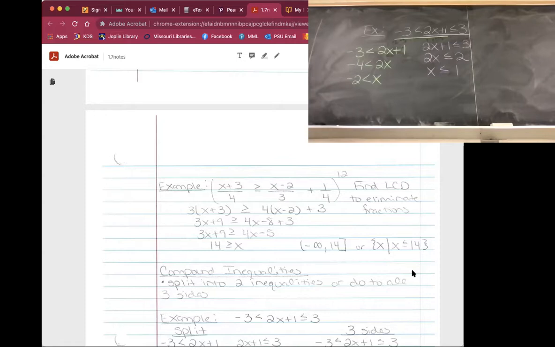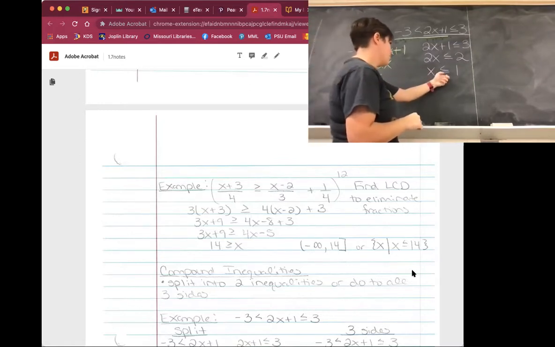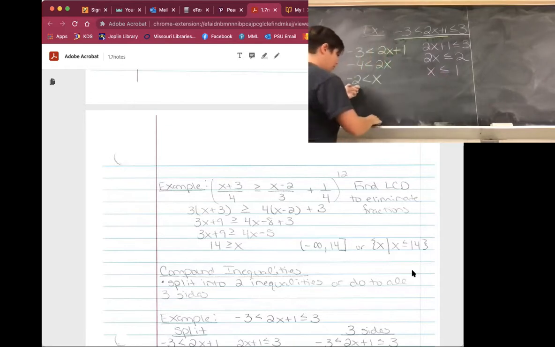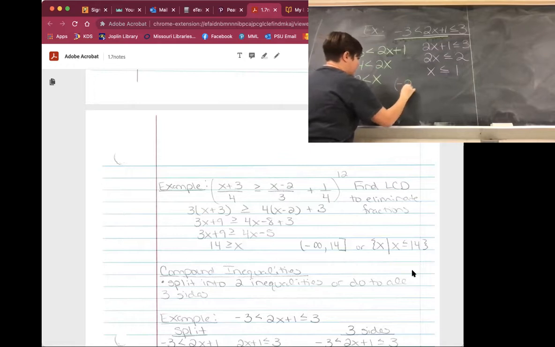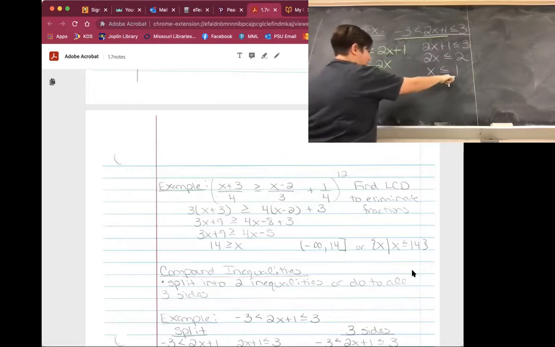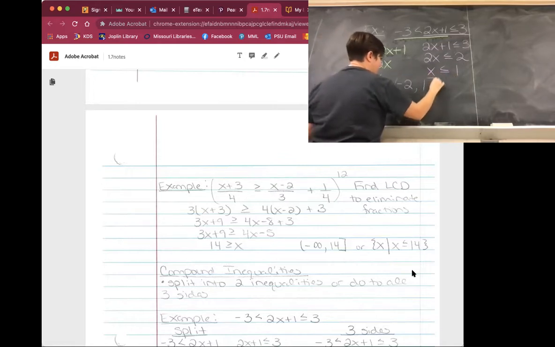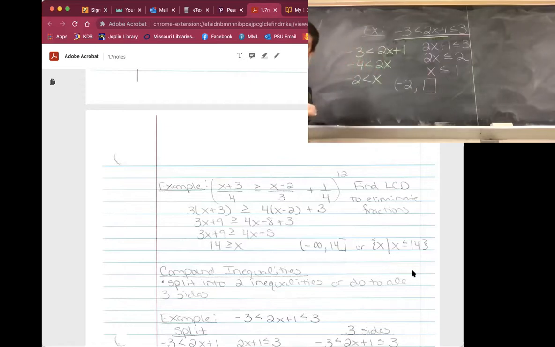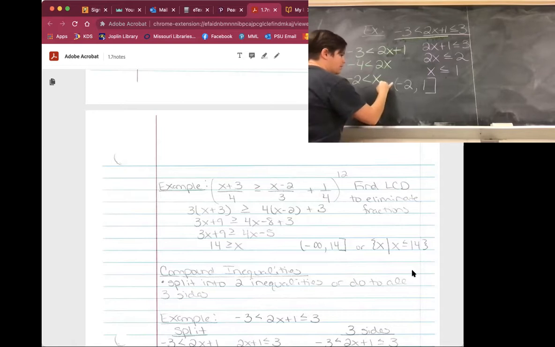Okay, so how do I put these together? Well, -2 is less than x, and x is less than or equal to 1. So -2 is the smallest x can be, but we're not including it. And x can go all the way up to +1 and include it. So that would be our set builder, or excuse me, our interval.